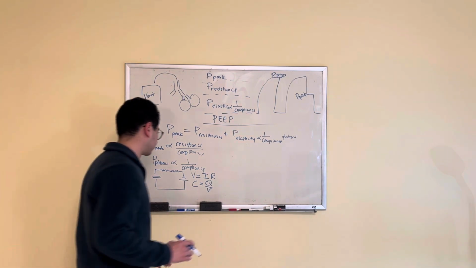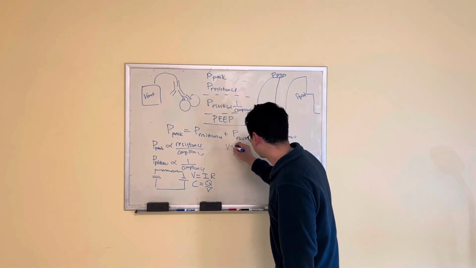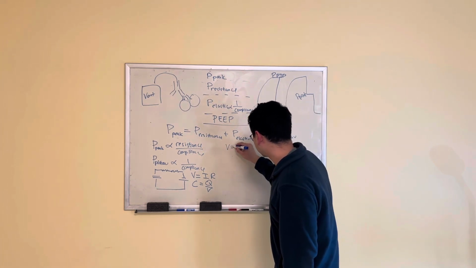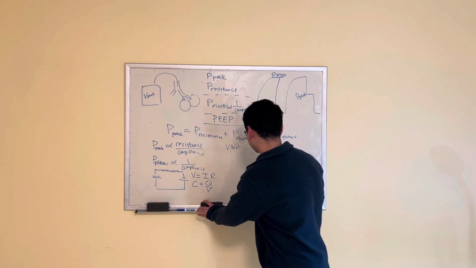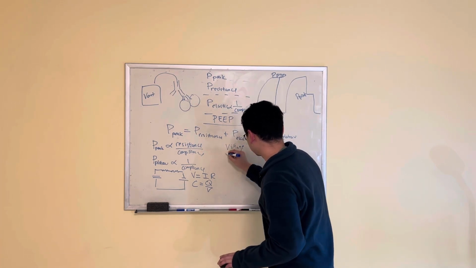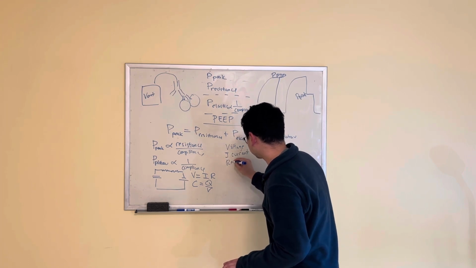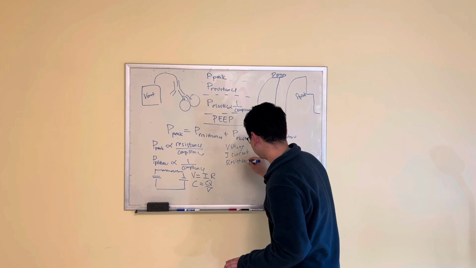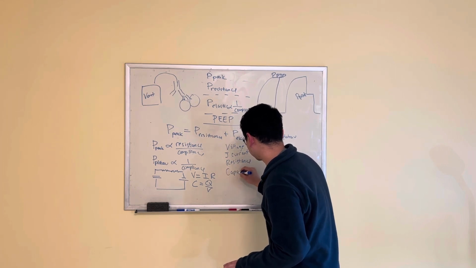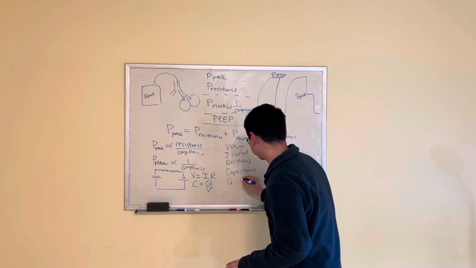So how does this relate to this lung circuitry? Well, we have voltage, we have current, we have resistance, we have capacitance, we have charge.